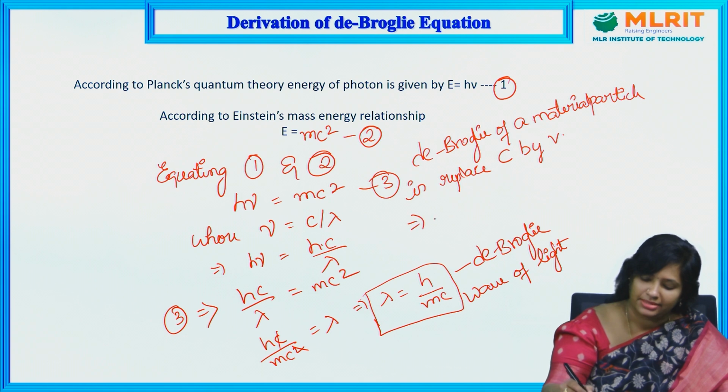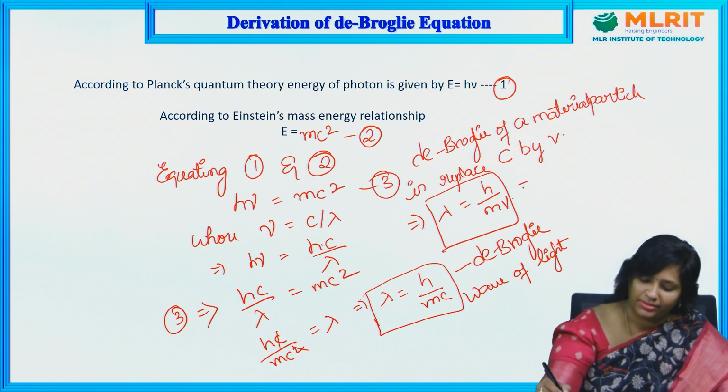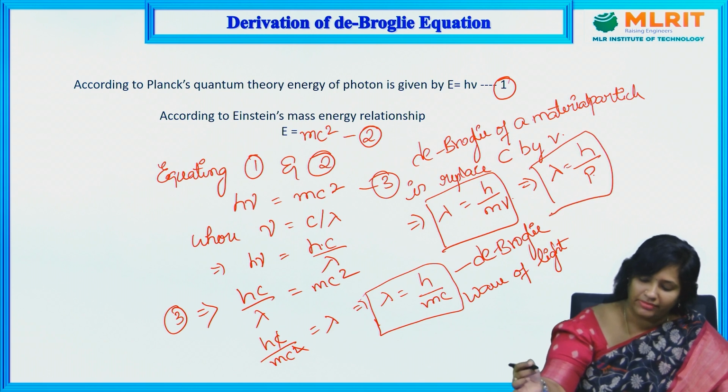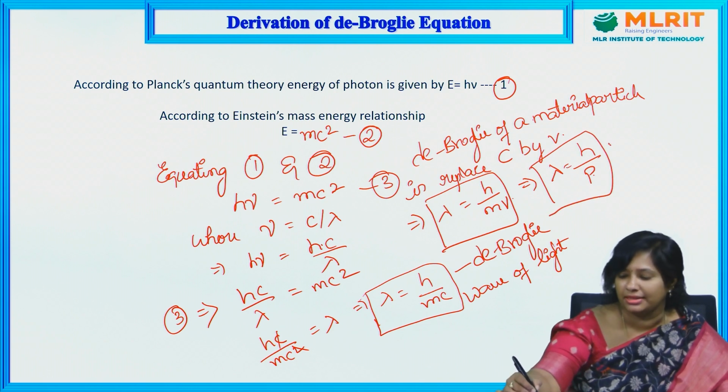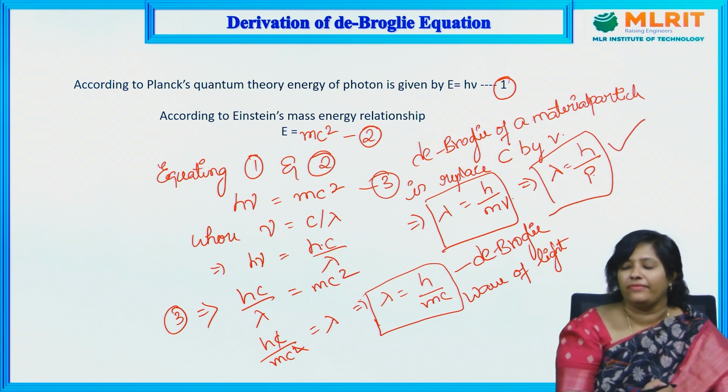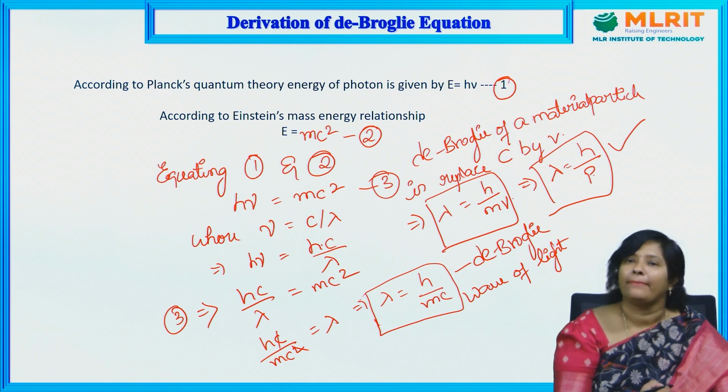This implies lambda is equal to h by mv. This implies lambda is equal to h by p, where p is equal to m into v. This is the de Broglie wavelength of a material particle.